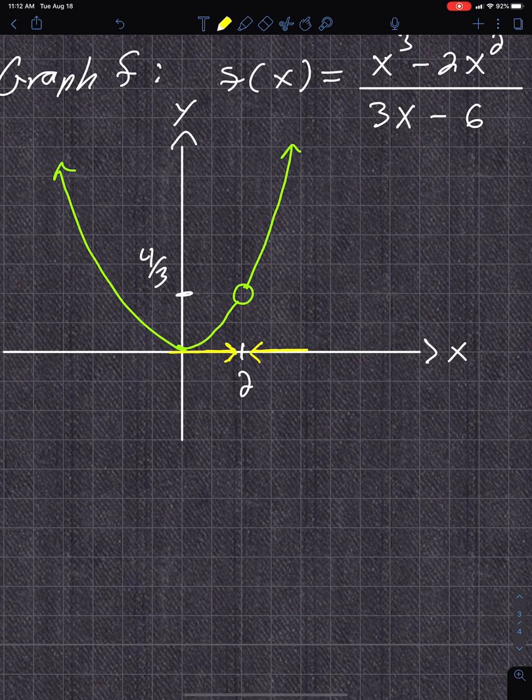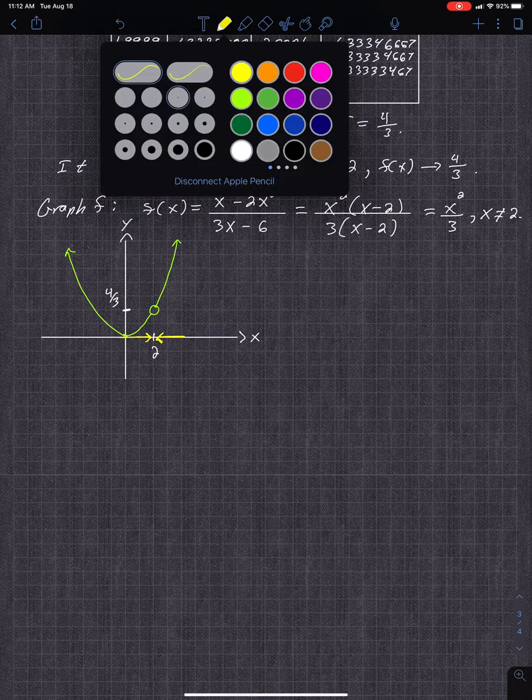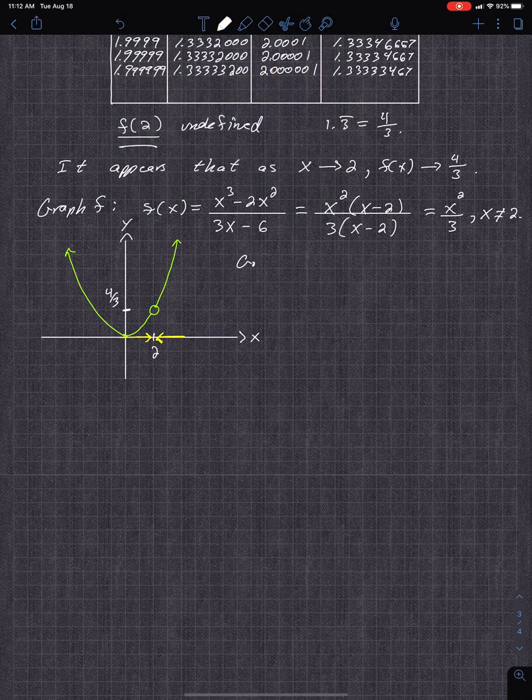Now, we're not requiring the function to be defined there. We're just asking what value does the function approach. So graphically, you can see here as well, we see the same thing, that f of x approaches 4/3 as x approaches 2.